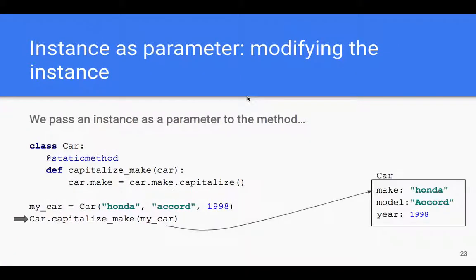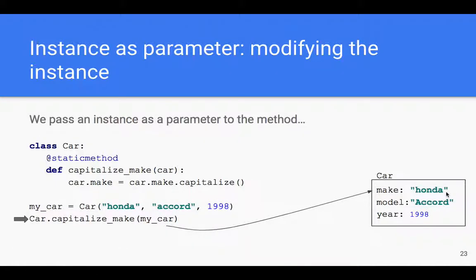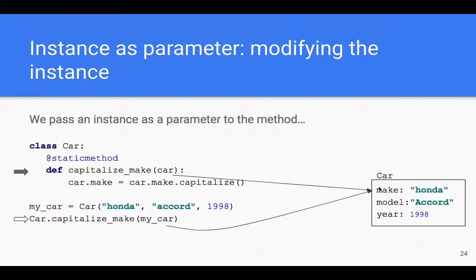Okay, so that's what we're trying to demonstrate here, and the way it works is that we start with my car pointing to a car object with the all lowercase make honda. When we call the method, the parameter car is assigned the reference of my car. So my car, the global variable, and car, the parameter, both reference the same object, the same instance of car.